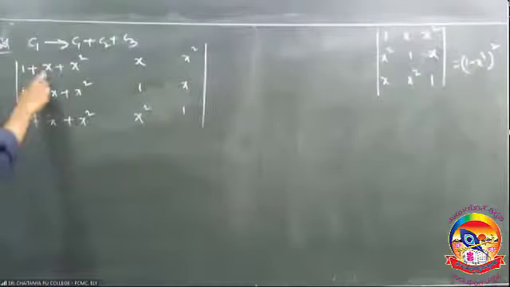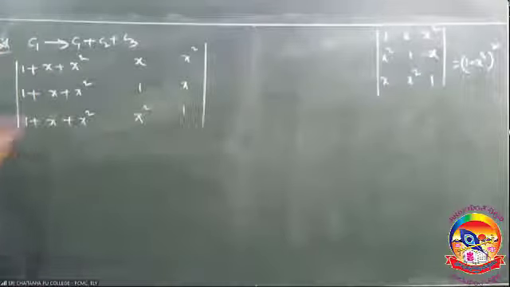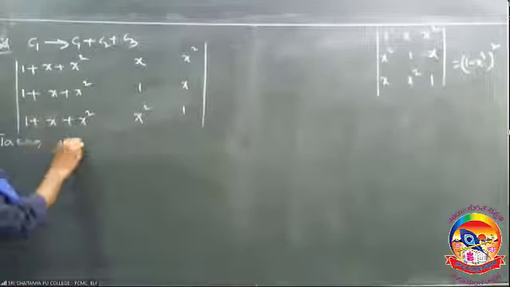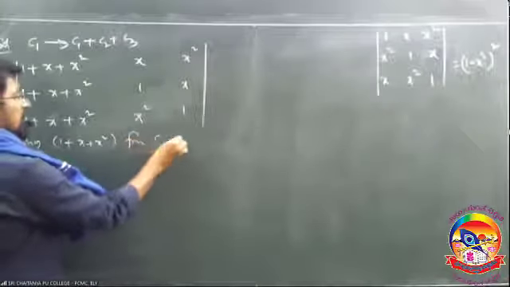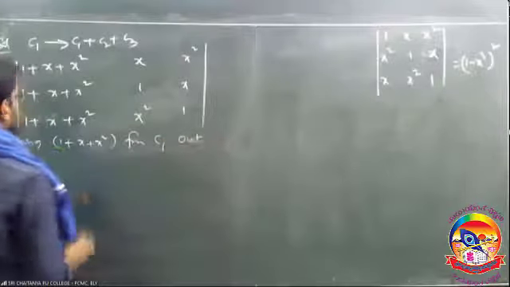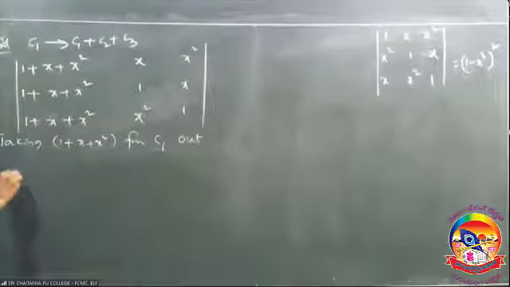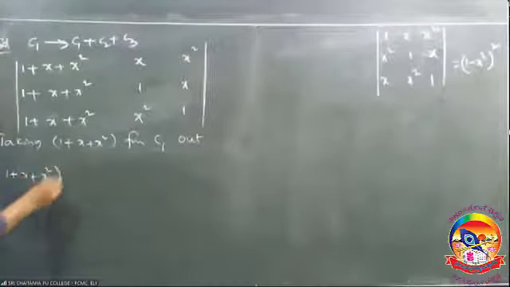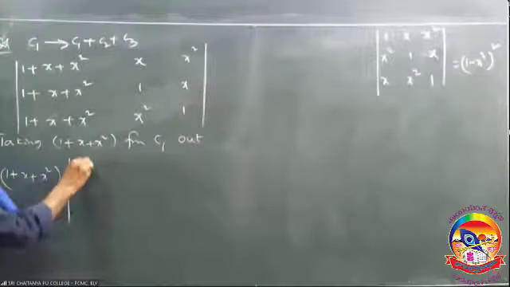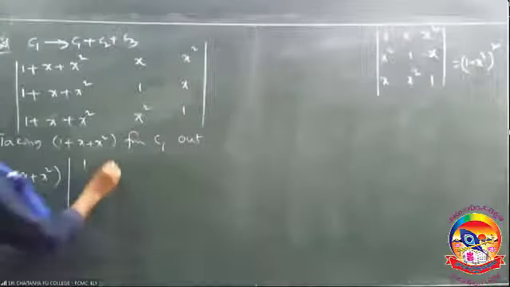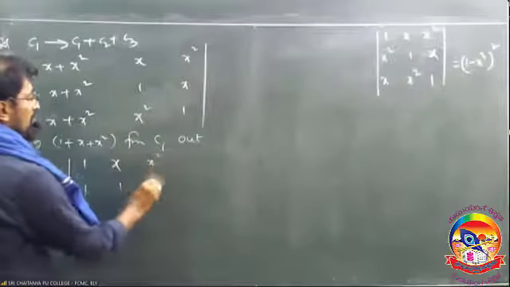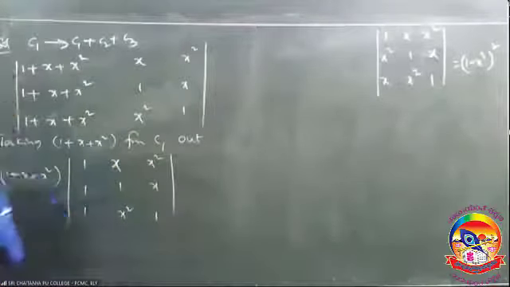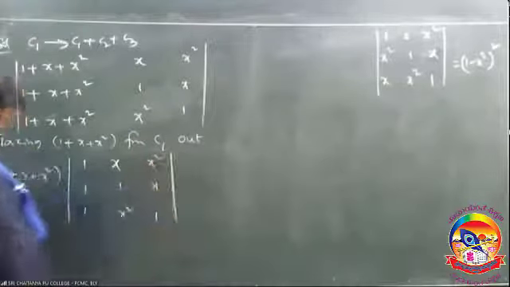Now, these three are same now. You just take that one outside, taking 1 plus x square from C1 out, right? That means 1 plus x square, you got it out, and 1 will be there. x, 1, x square will be there. x square, x, 1 will be here, right?